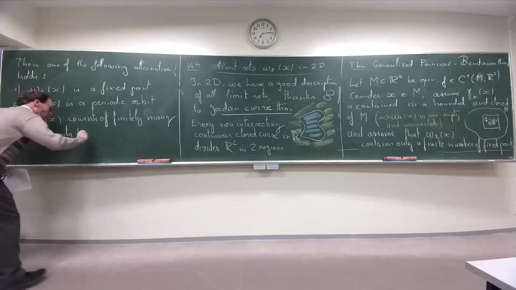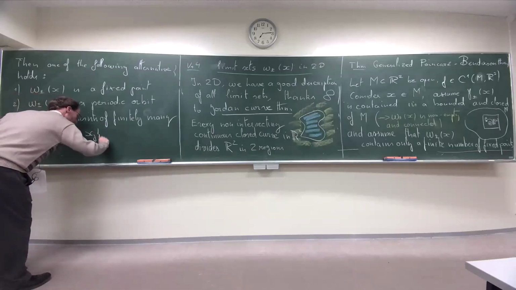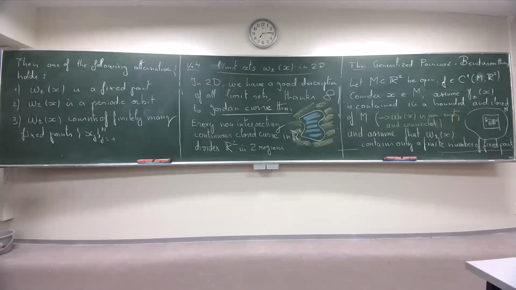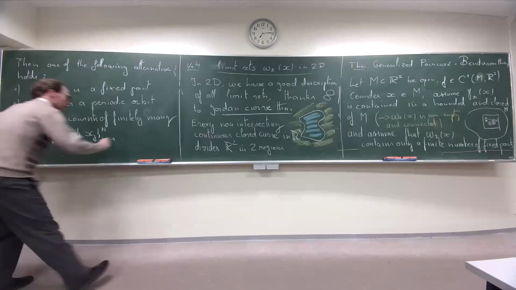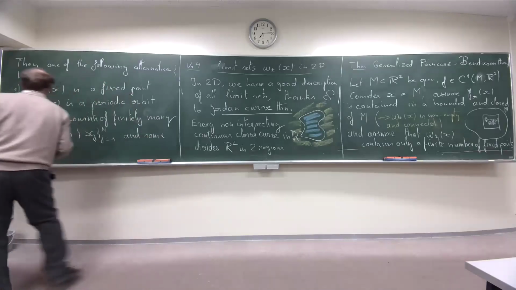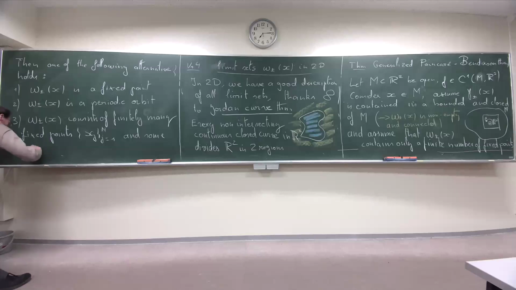I'm going to call them xj, j from 1 up to a certain n, but it's finite. And some closed, non-closed orbits.